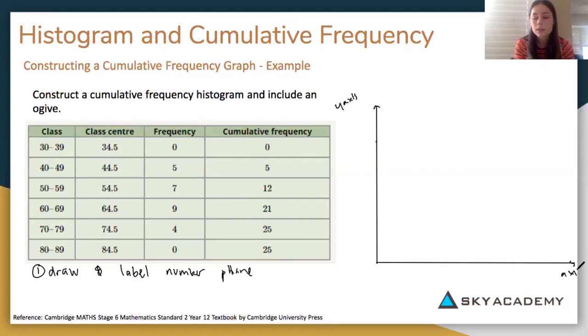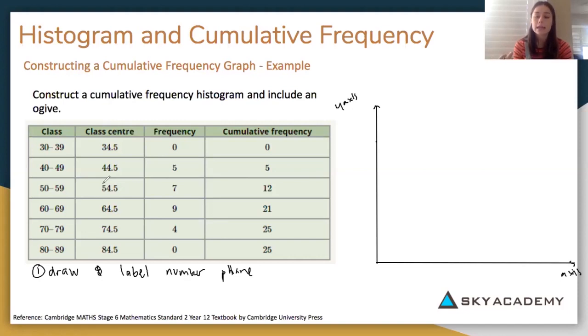On my x-axis, I can choose whether I want to do my class, my school, or my class center. For this one, I think I'm just going to do my class center because they are equally spaced, and that's what you have to worry about. You have to make sure that they are equally spaced on your x-axis.